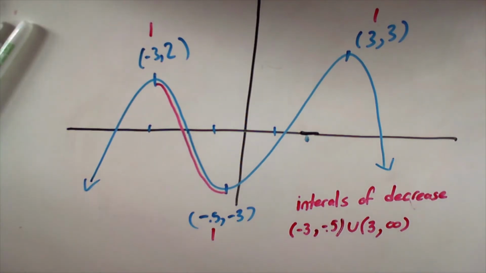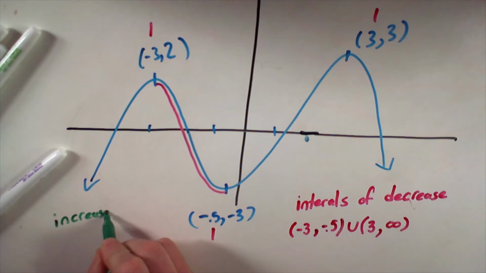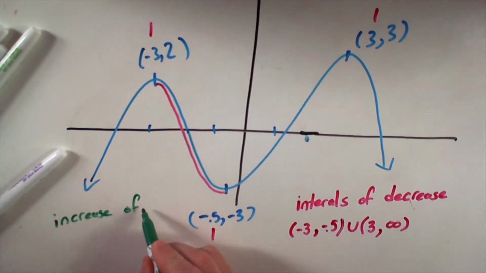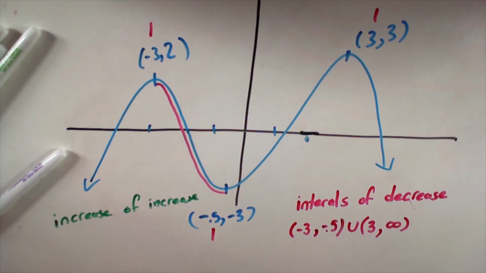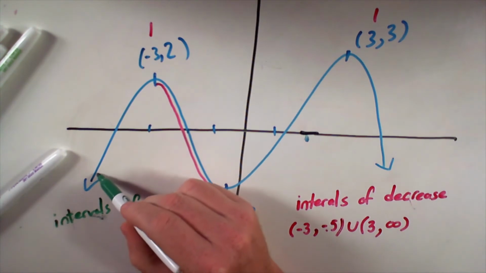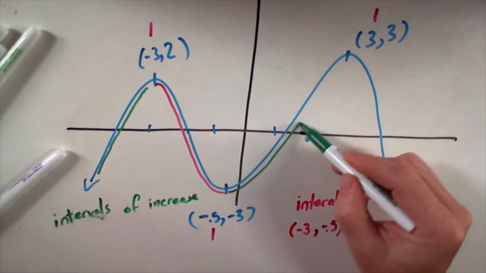Next, we look at the intervals of increase. Same rules, except instead of going downhill, we're going uphill. So we are increasing here, then we are increasing again here.